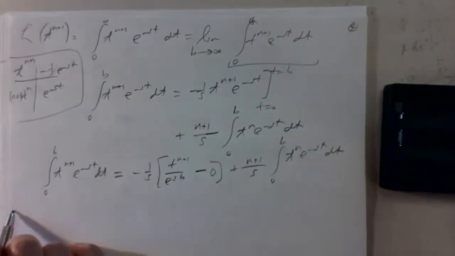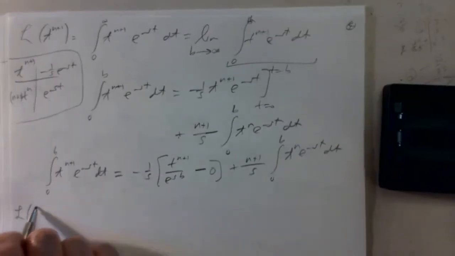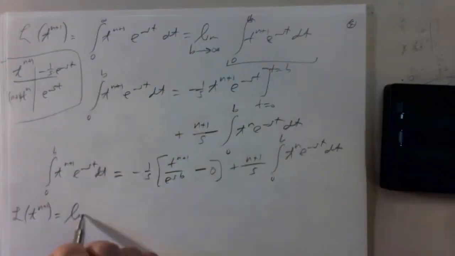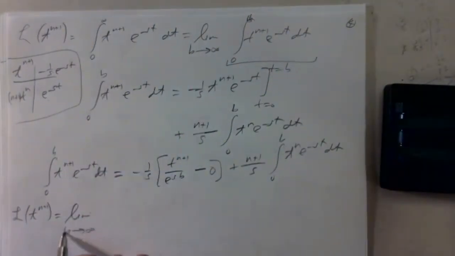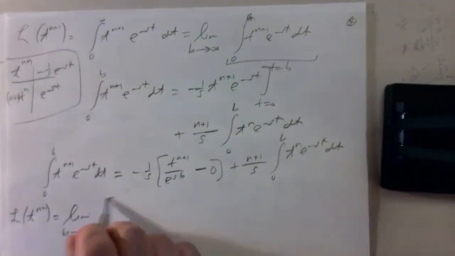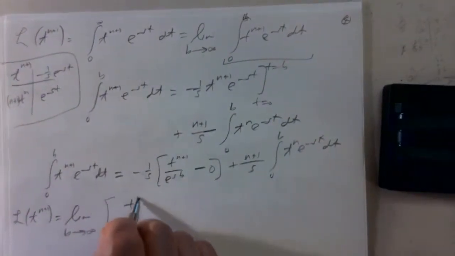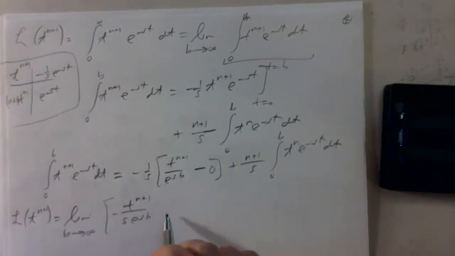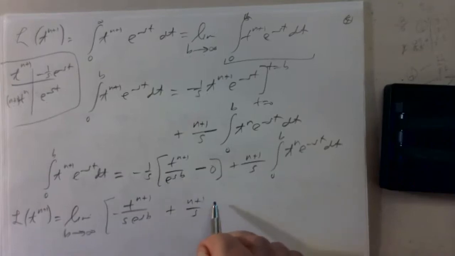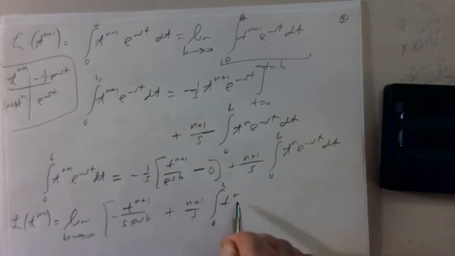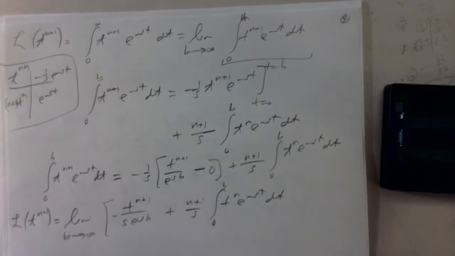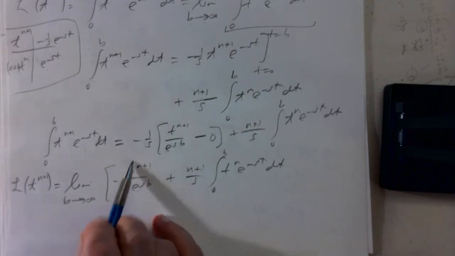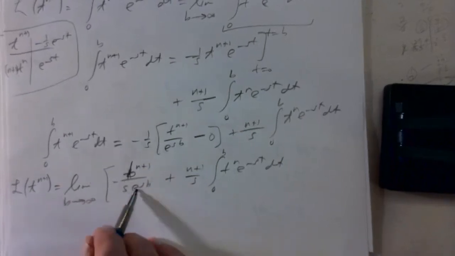Therefore, the Laplace transform of t to the n plus 1, this improper integral, is the limit as b goes to infinity of minus 1 over s, b to the n plus 1 over e to the sb, plus n plus 1 over s, the integral from 0 to b of t to the n e to the minus st dt. As b goes to infinity, the first term goes to 0.